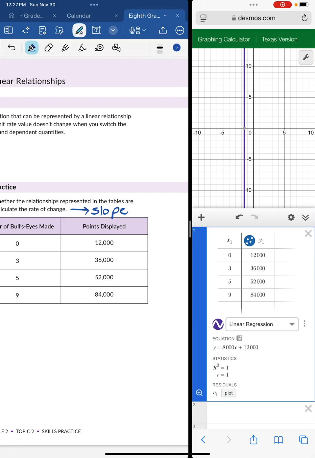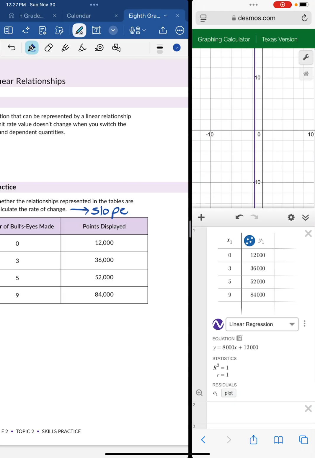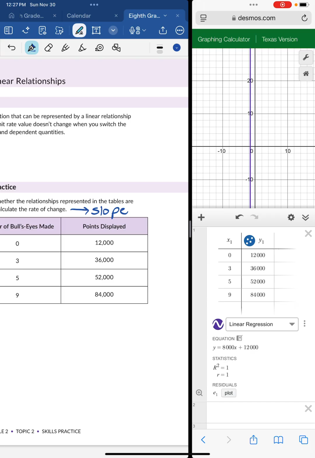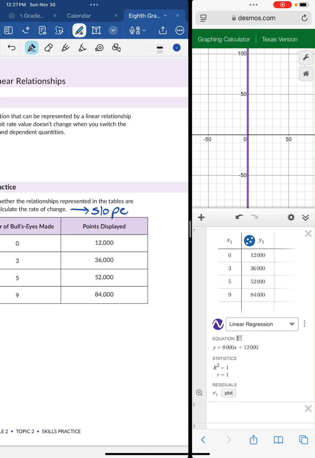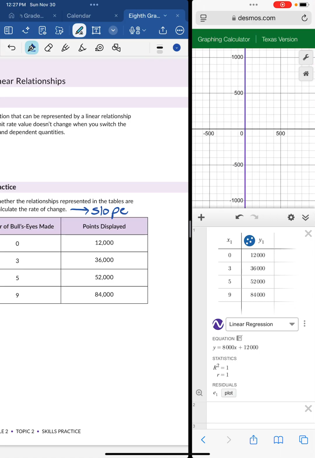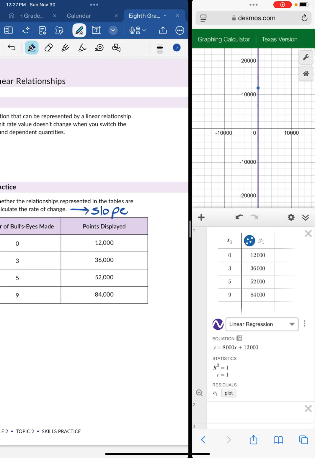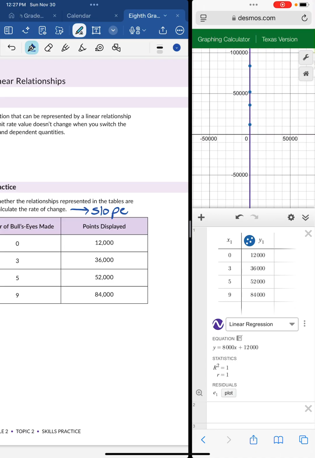So let's graph it. Oh, look, that says it's got a slope of 8,000. Let's make it smaller and smaller so we can see. Looks like it's going straight up and down.